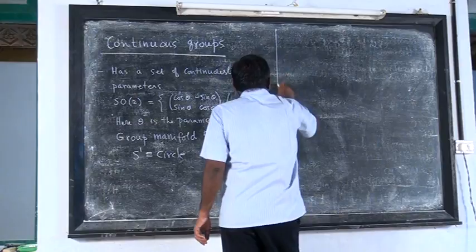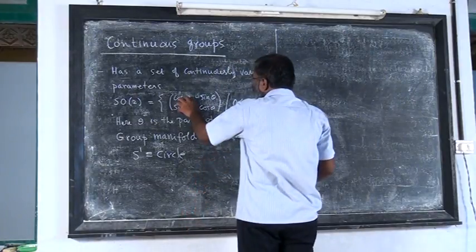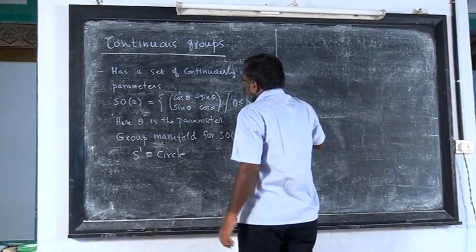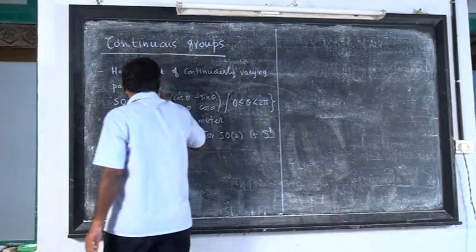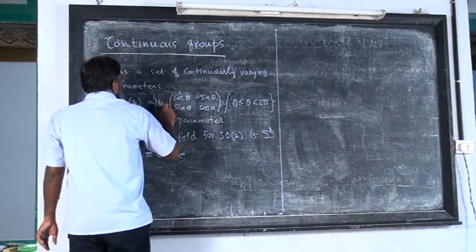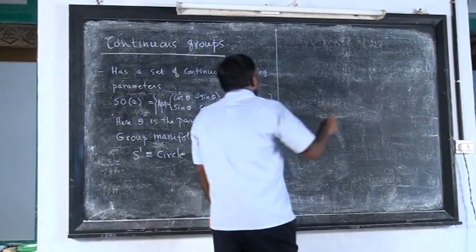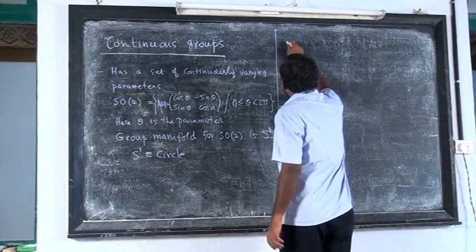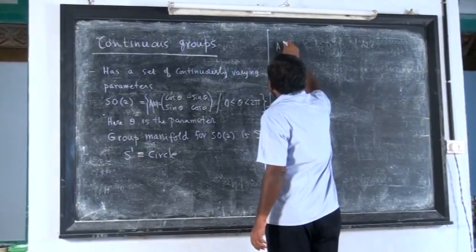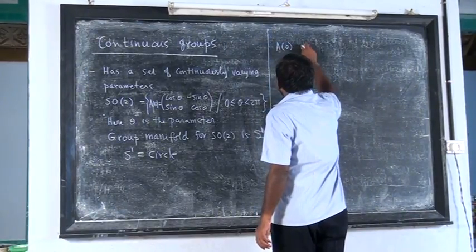Now, what is the identity element here? Suppose I call this A of theta is equal to this.